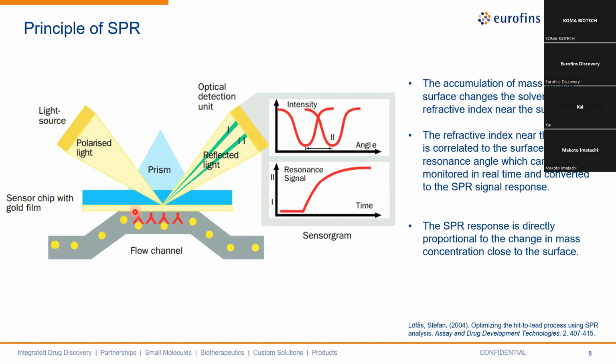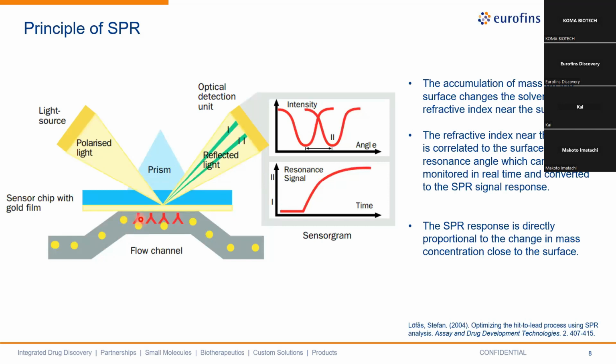For example, this is maybe a diagram for an antibody immobilized on the chip, and then we flow the other binding partner, for example antigen, through the microfluidic channel. So if antigen binds to antibody, then there will be an increase of mass, an increase of molecular weight, on the surface of the SPR chip.